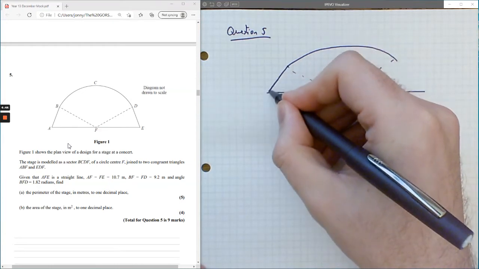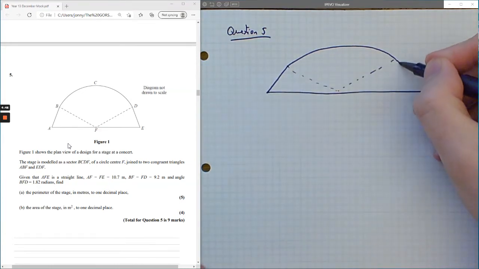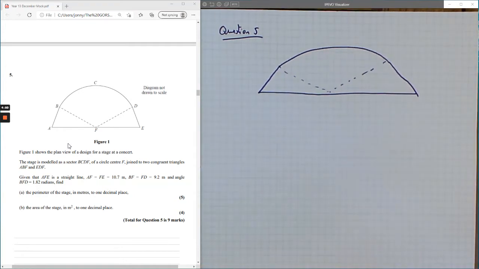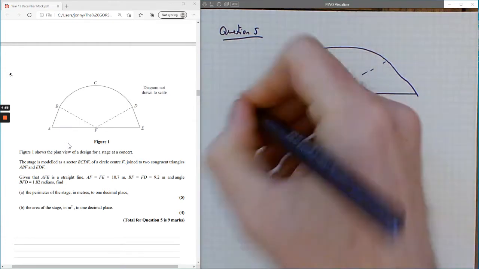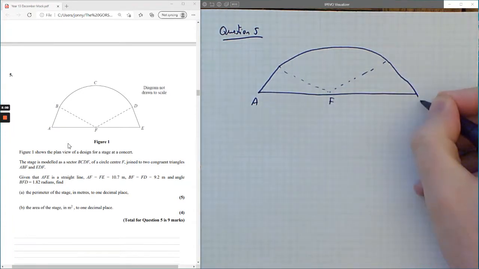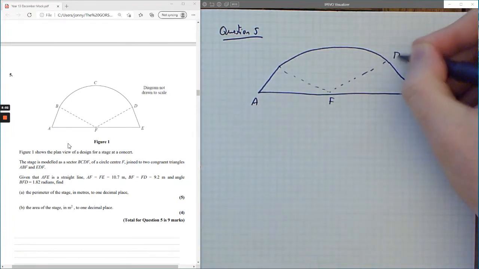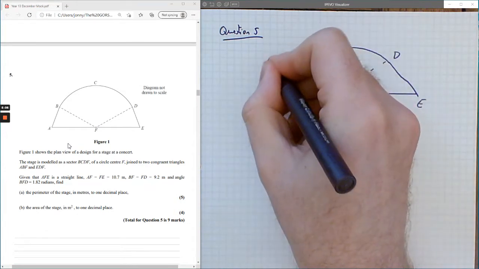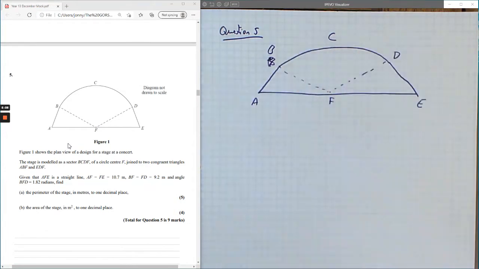And then we've got straight lines here and here. Quite hard to see, but they're straight lines at the end. And we can label a different colour for this. I better label all my points. A, F, E, D, B, C. Okay, and then I want to try and fill in whatever I can.